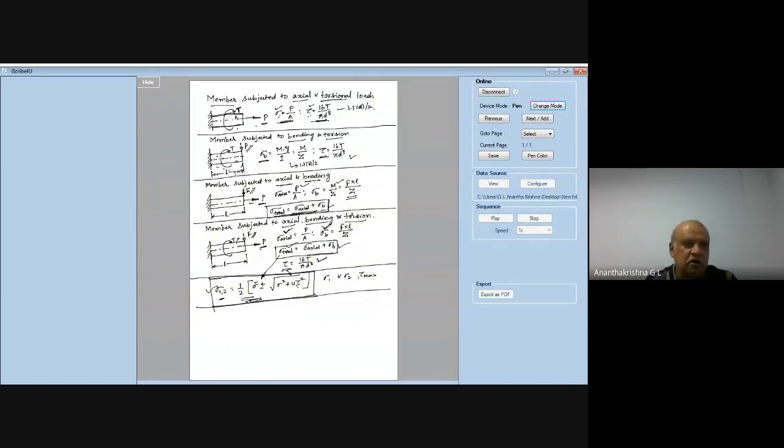Yeah, just note down a problem. It is essentially based on the torsion of shafts.